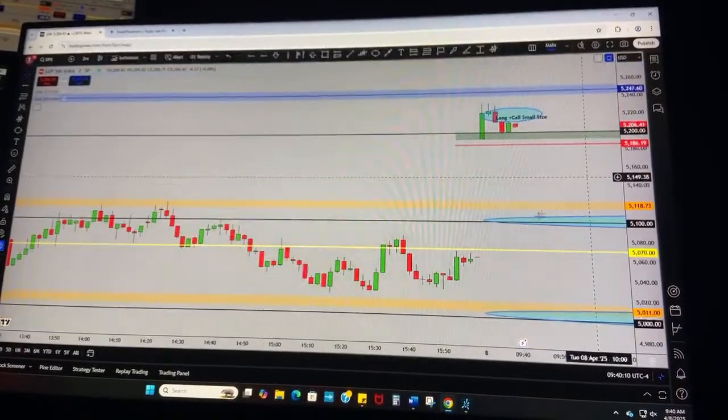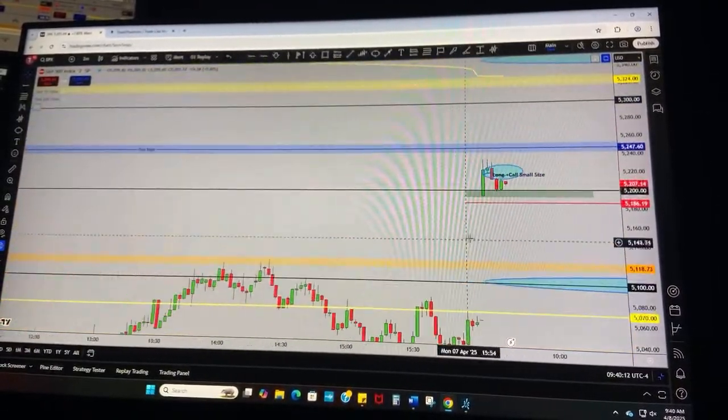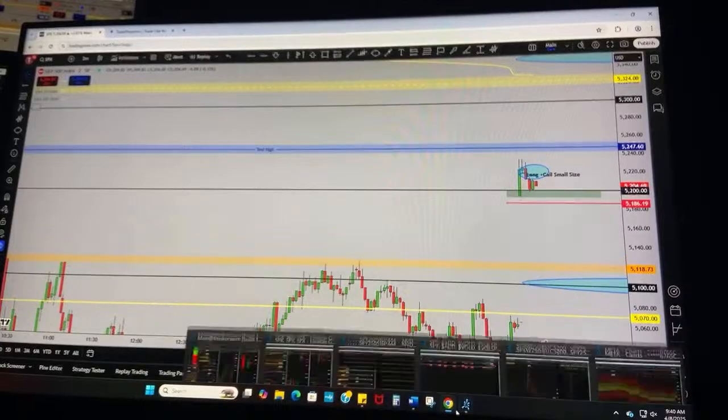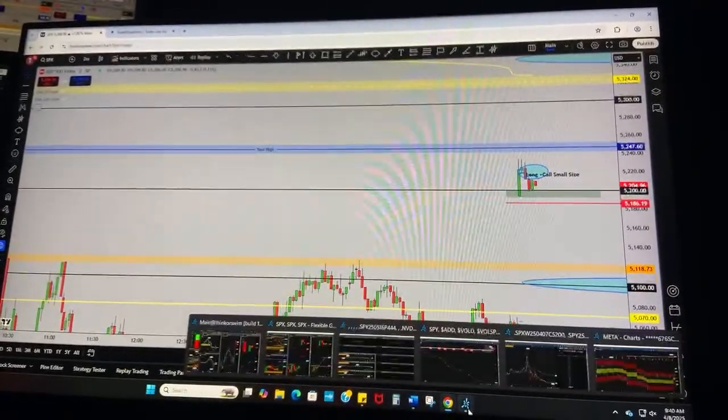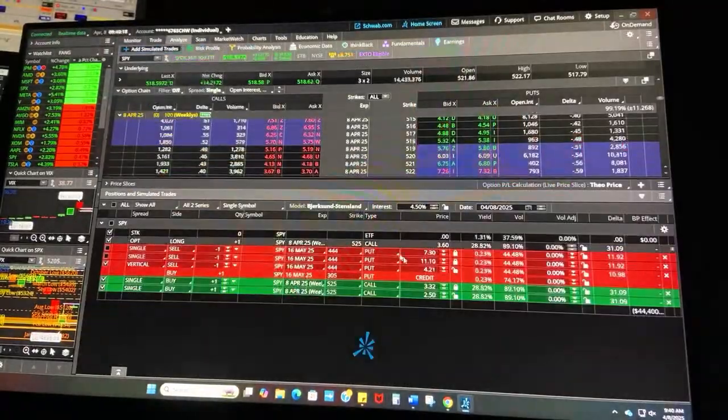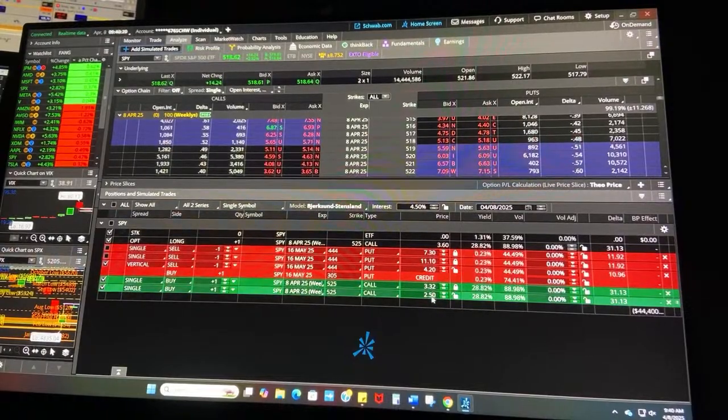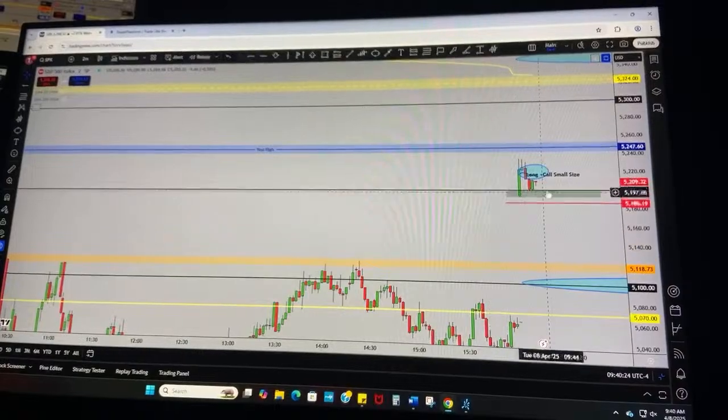We could put in an order. Let's see what the exposure is on this SPY trade. All right, down about $1, nothing too crazy there so far. Just being patient.